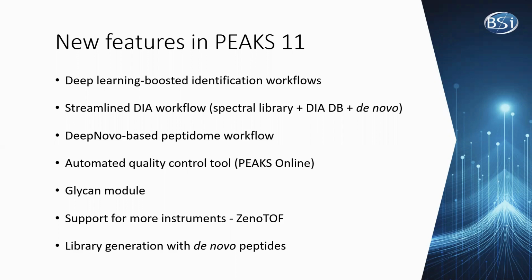We've introduced a DeepNovo based peptidome workflow, which you can use for peptidomics or immunopeptidomics to increase the sensitivity and the accuracy in peptide identification. We now have an automated quality control tool that's part of Peaks Online.